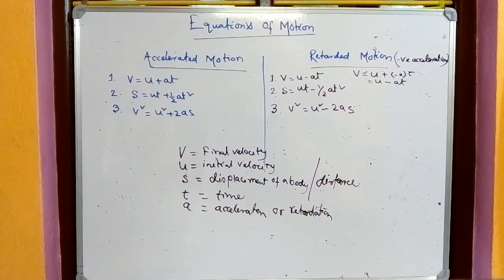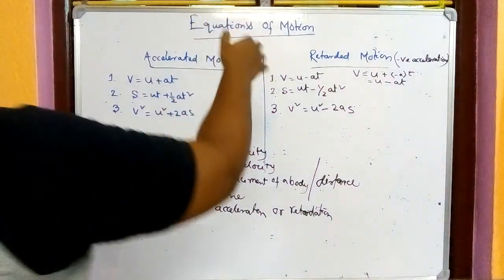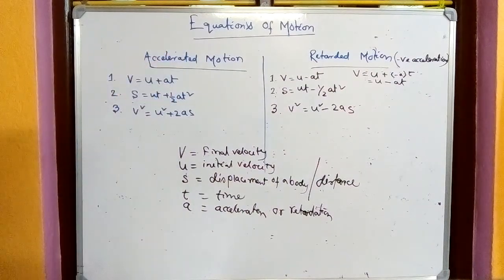The reason is that whenever we do any numerical on retarded motion, we have to remember that since we have taken minus instead of plus, the value of retardation will not come with a negative sign, it will come with a positive value, so that the value looks good. So for accelerated motion we use these equations, for retarded motion we use those equations.